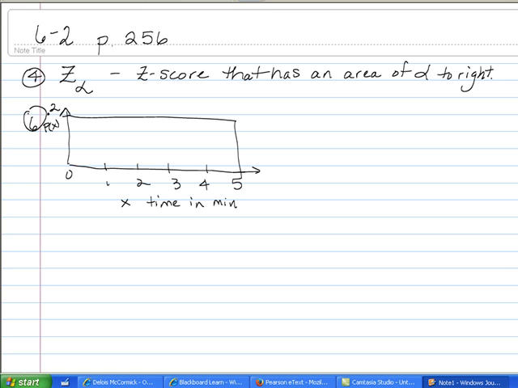Okay, so in number 6 it asked, what is the probability that the waiting time is less than 0.75 minutes? Okay, so here's 0.75. We're talking about less than, so that would be our rectangle.